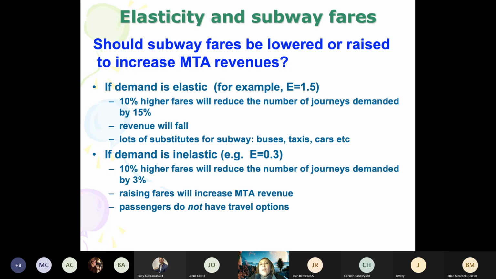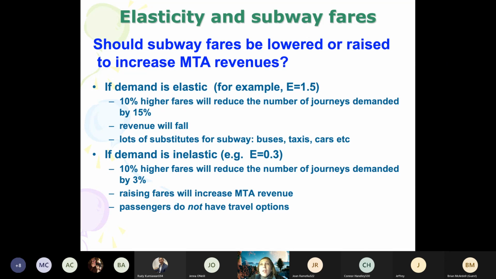So maybe it's a number that's less than 1, so 0.3, 0.4, even 0.9. That would be inelastic demand. So let's say a 10% increase in fares to $3 would only reduce the number of trips taken per day by maybe 3%, maybe 2%. So maybe it's really inelastic.